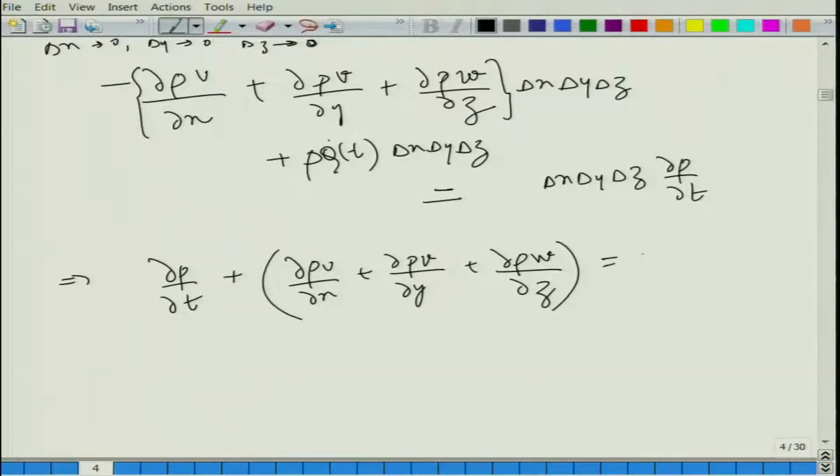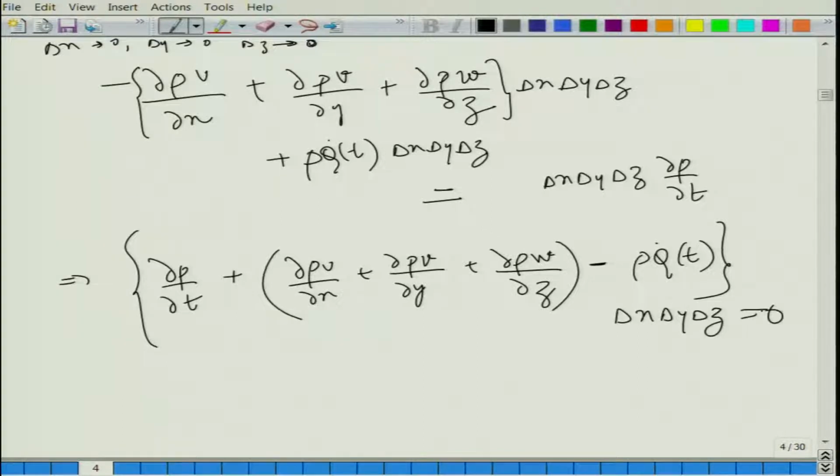And this is equal to rho q delta t, and I will take this also on the right hand side, and this is delta x, delta y, delta z is equal to 0. This is of course multiplied here.